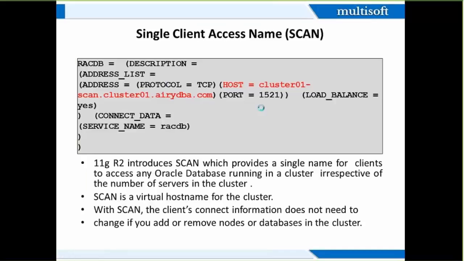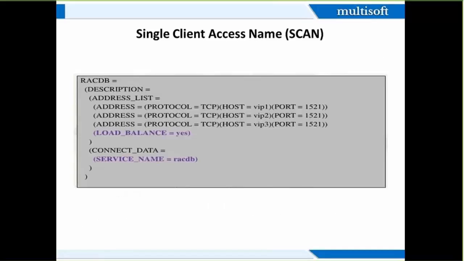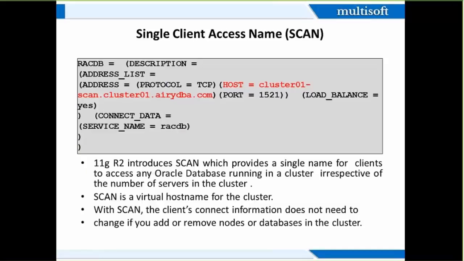Now, what does the client know? Here you can see I have provided 3 VIPs, but instead of giving 3 VIPs, I have given just one name here. This is the SCAN name. There is a new thing introduced in 11g R2.